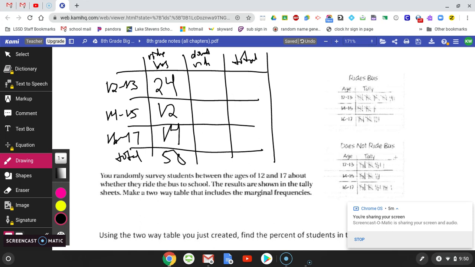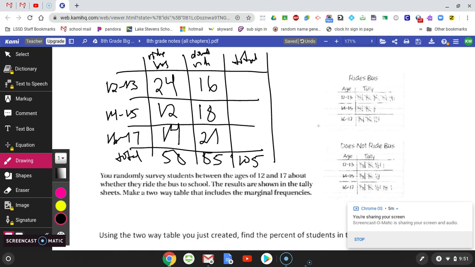For don't ride the bus, that's this one down here. There are 16 12 to 13-year-olds, 18 14 to 15-year-olds, and 21 16 to 17-year-olds. So total, that would be 55, which means total there are 105 students.